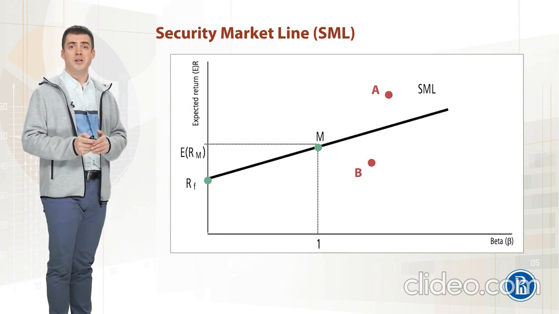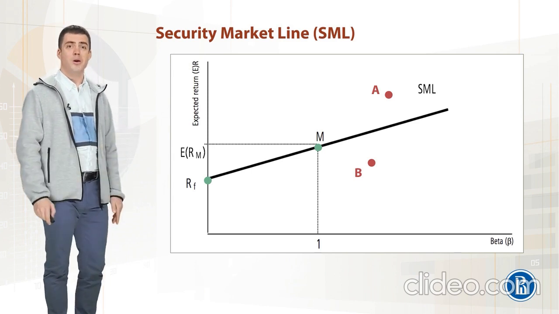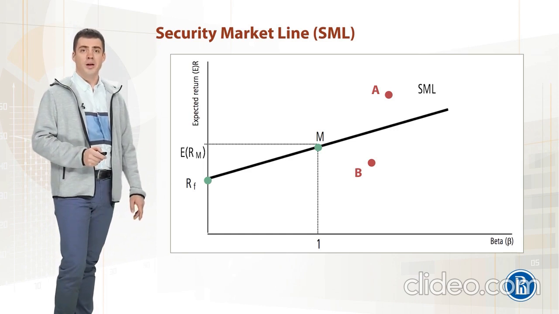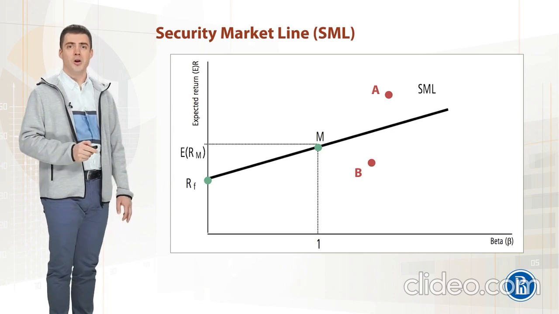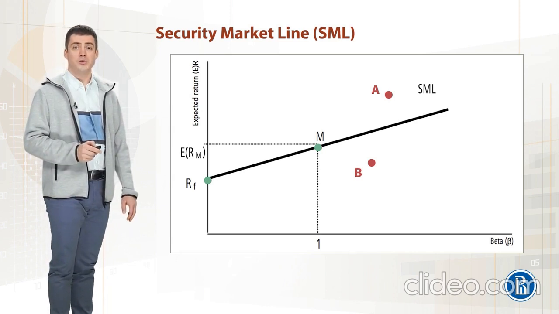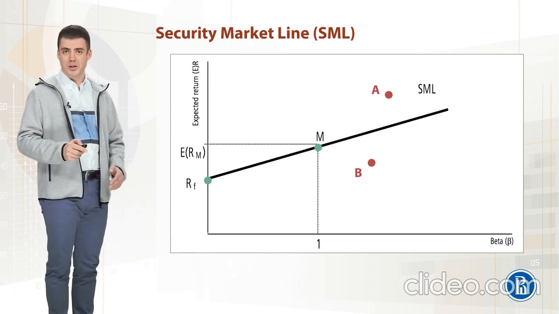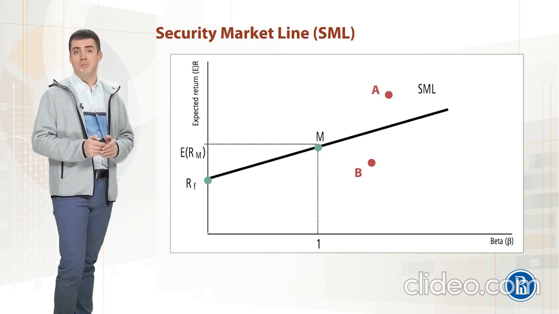We can see that this stock shows a lower return compared to alternative investments lying on the SML, which means that we can earn less at the same level of risk if we choose stock B. Again, all investors would notice that and will start short selling stock B, thus moving the supply for this stock up and the price down until it reaches the price corresponding to the expected return equal to that predicted by the model.